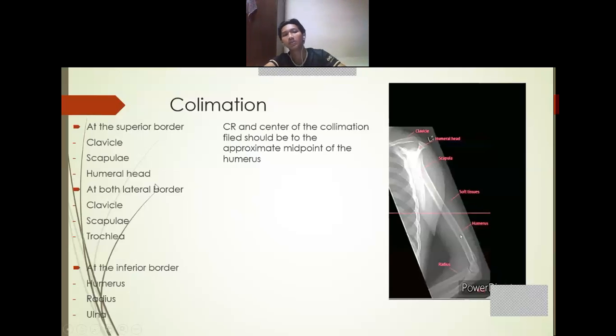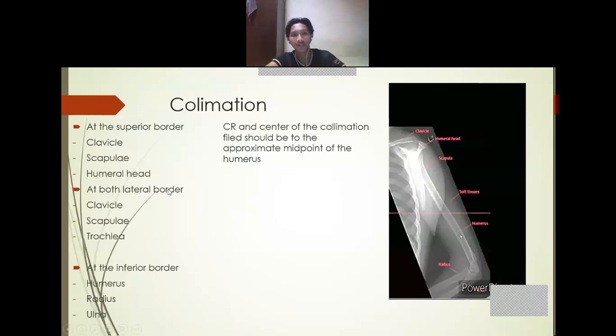For collimation, we have three: the superior border, both lateral borders, and the inferior border. For the superior border, we need to collimate the clavicle, scapula, and humeral head right here. Clavicle, humeral head, and scapula.